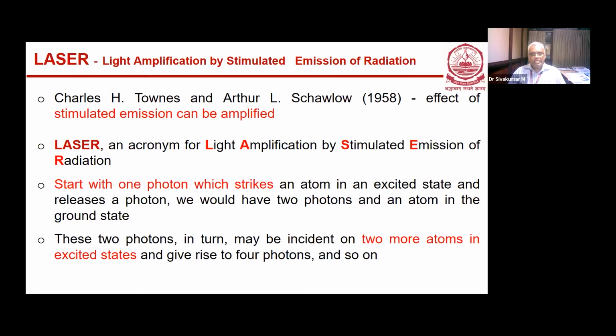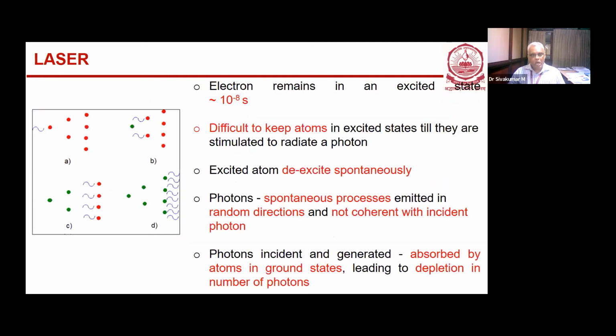So the next thing is just a schematic representation of this amplification process, how one photon becomes two photons and two becomes four. The thing is, it is very difficult to keep the atoms in the excited level, because it will automatically go to the ground level, as it is a non-equilibrium condition.